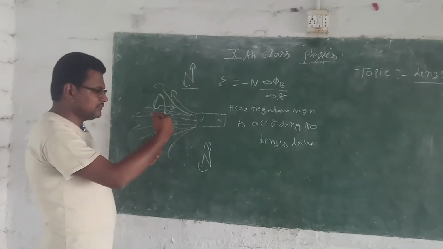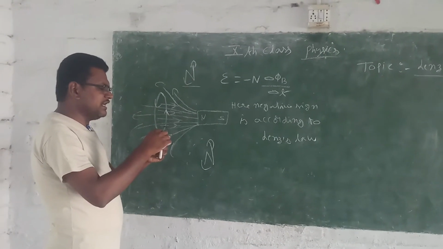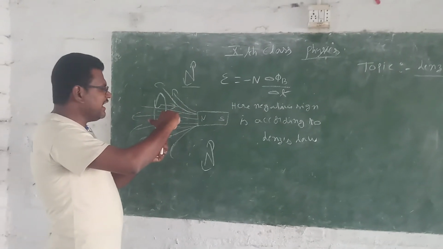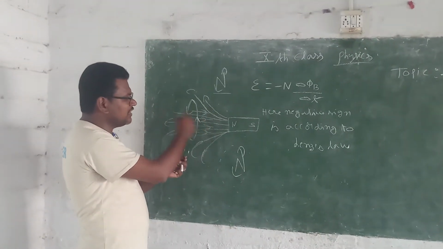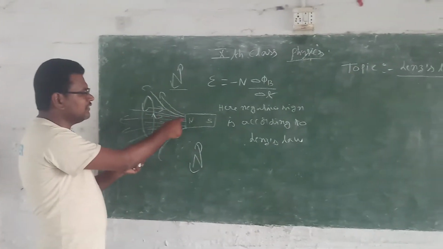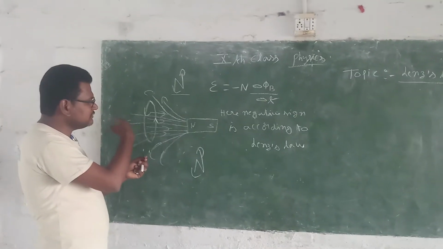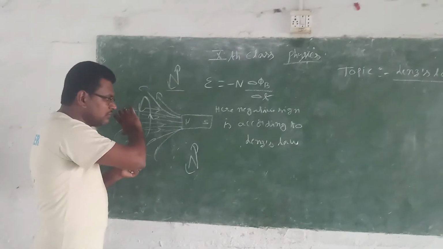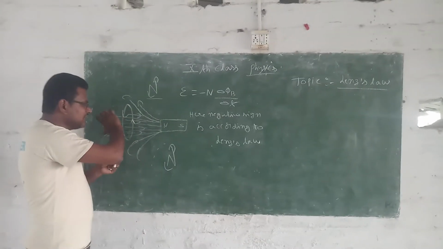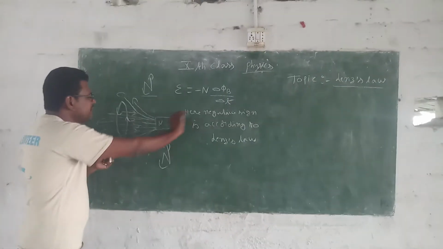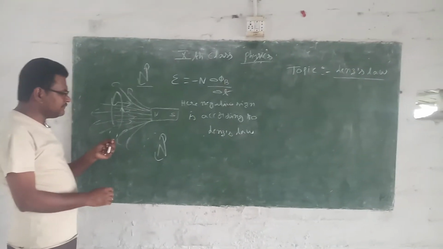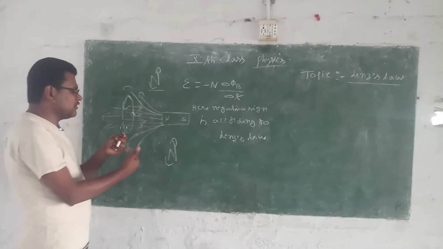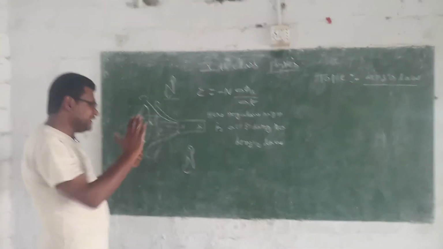This induced current produces a magnetic field in the direction of the magnetic field of the magnet. That means when the north pole of a magnet moves away from the coil, the current is induced in the coil in the clockwise direction.